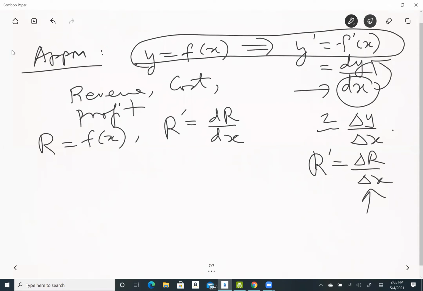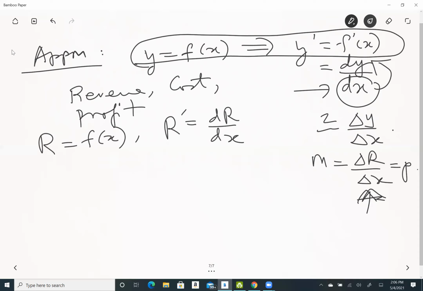What do you call the r prime? I'm sorry. From the linear function, okay, you got the slope, m equal to delta r over delta x, and that is, if you recall, equal to the price. Well, now what do we call this thing here? Delta r over delta x.